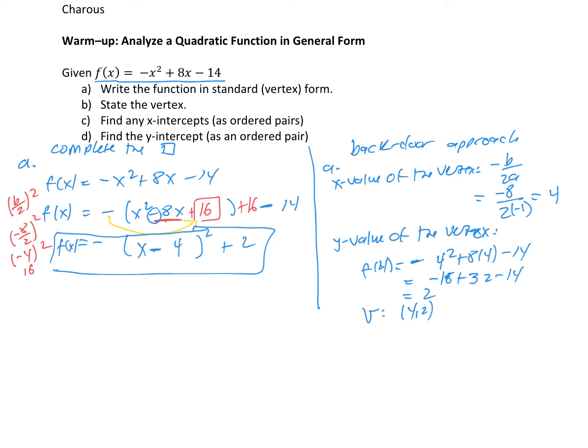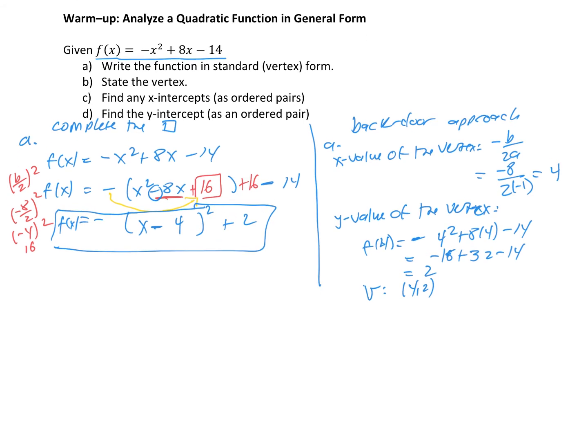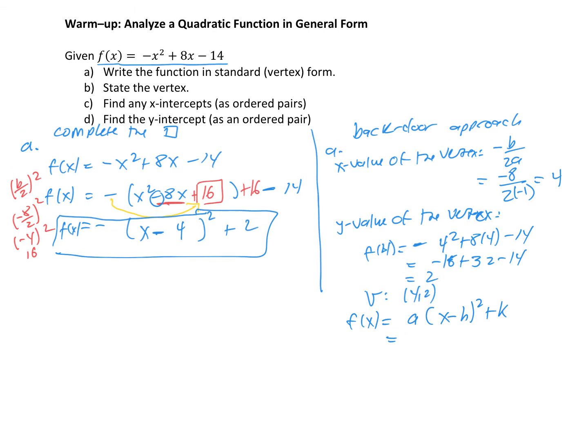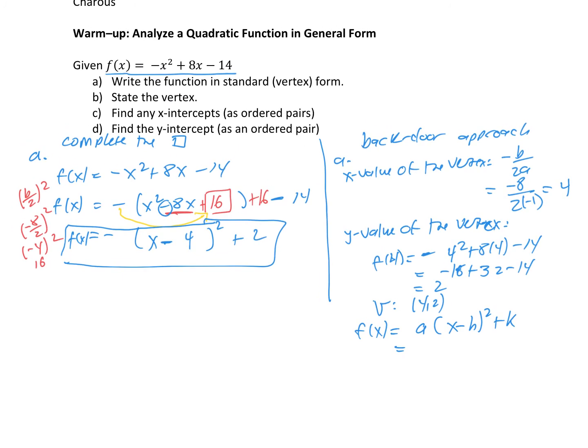And now we're going to use vertex form. So we know the vertex form of a quadratic function is a times x minus h quantity squared plus k. So here, a is the same value that it was in the original function. So a is going to be negative 1.